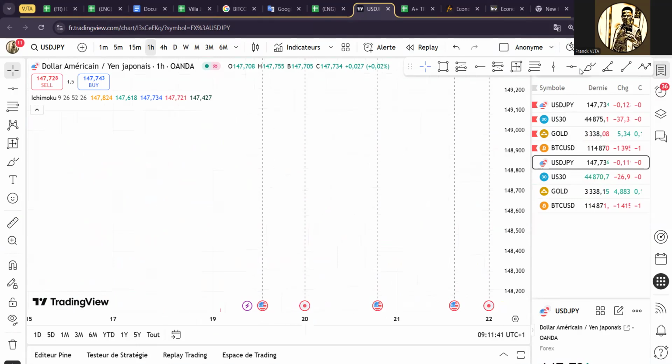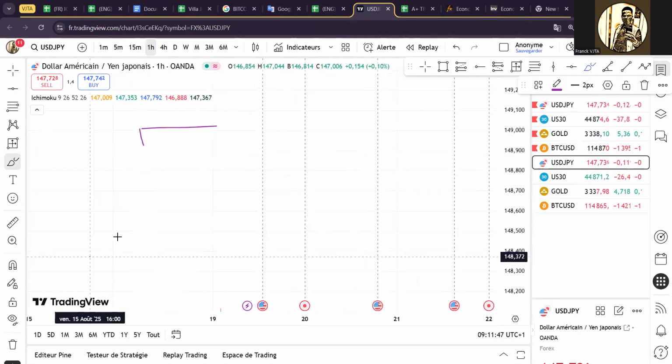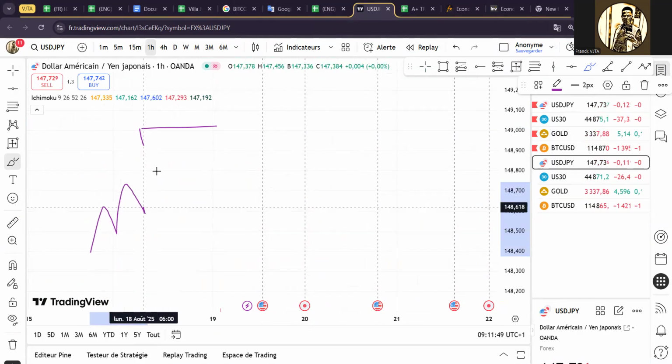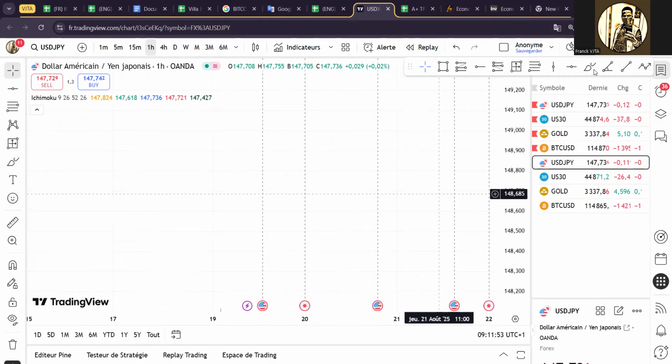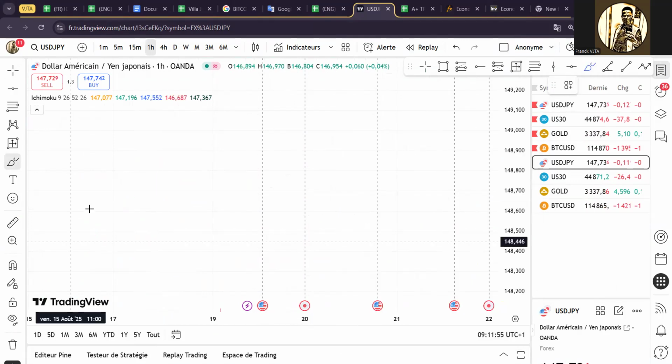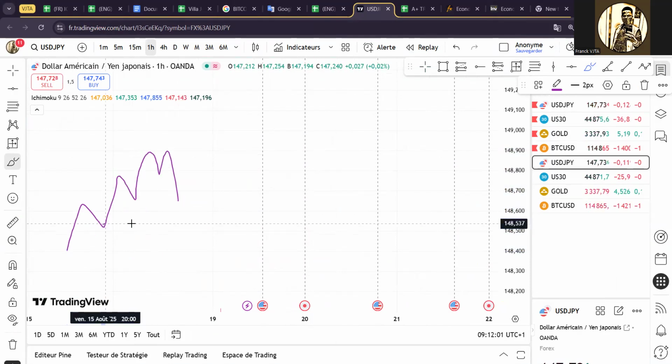The concept behind the speed logic is that the price is moving to the upside like this, and then starts going down. At the bottom here, you have a zone.